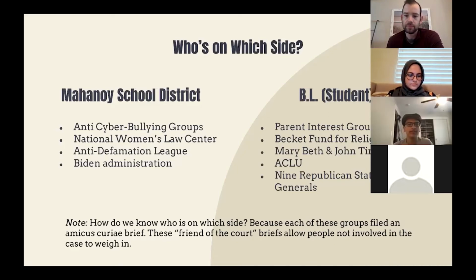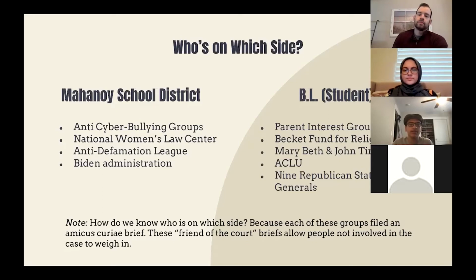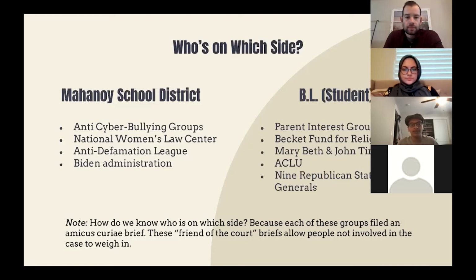Well, normally I think politicians, bipartisanly, would go with the school district, since they have a history of being against free speech in schools. So I'm surprised that the Biden administration and the Republican state attorneys general both took a different side.